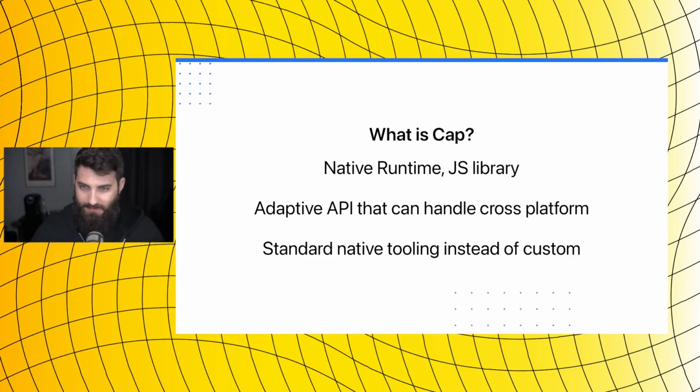And let's focus on the JS library part because this really is the big feature here, is that it can adapt to the different platforms that you're targeting and make sure that you are calling the right things as you're coding against it. So what do I mean by that? Well, if I'm on a web browser, there is a geolocation API provided by the browser. It's very limited though. It doesn't give you all the details that you would want, but it exists.